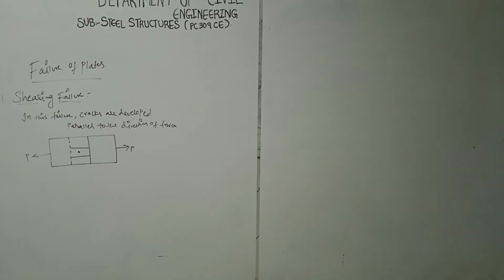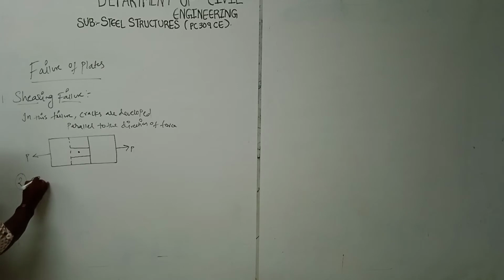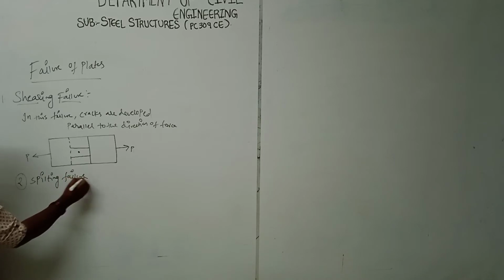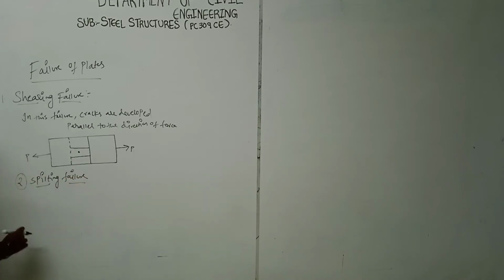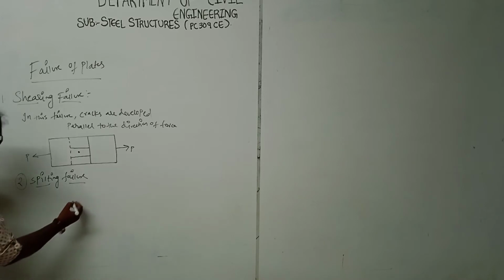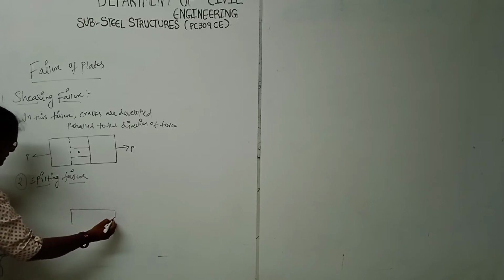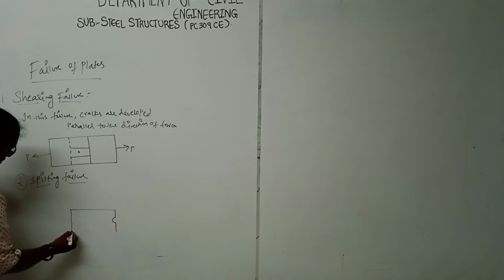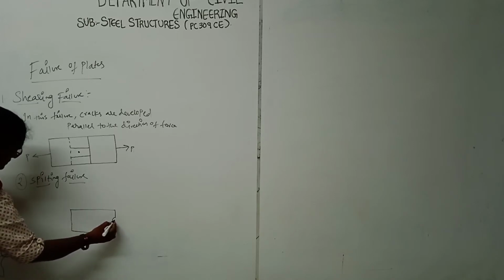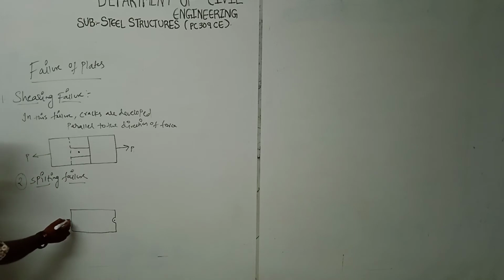The second failure is splitting. What is actually a splitting failure? It occurs due to diagonal tension in the plate at the bolt level. So the splitting failure will be like this. You will be able to see these things when we solve the problem.